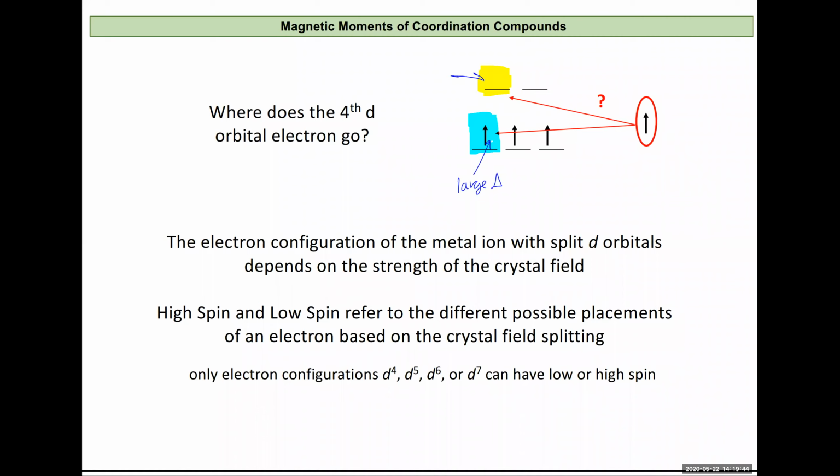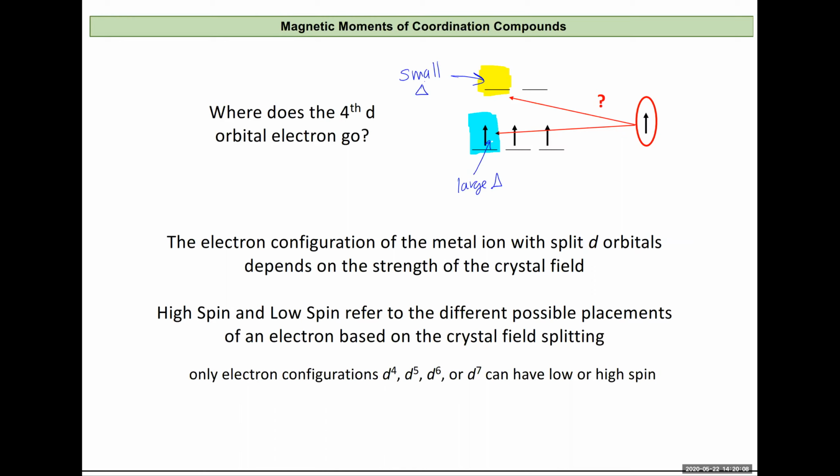And if instead we have a smaller crystal field splitting energy, we're going to place it up on the top, because it won't be a huge energetic cost to populate that orbital with an electron before we pair it up at a lower energy level. When we spin pair electrons, we're putting two electrons in the same orbital.